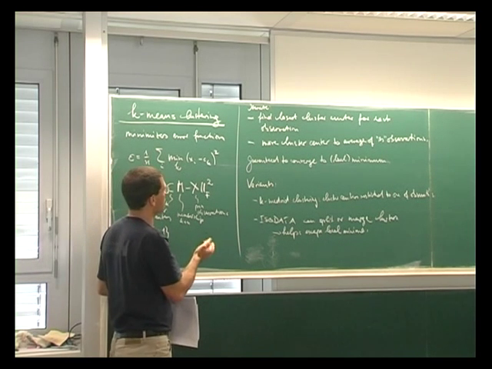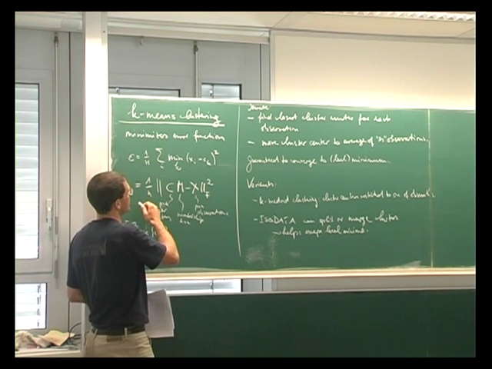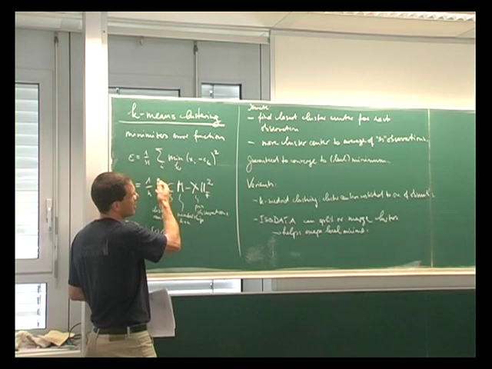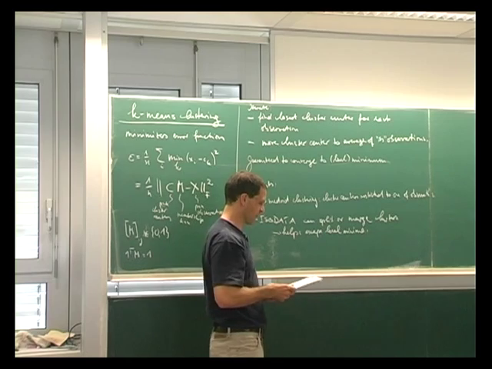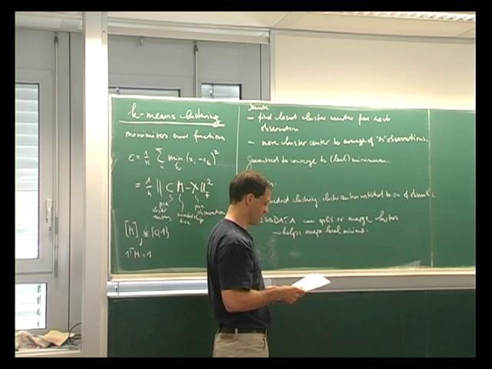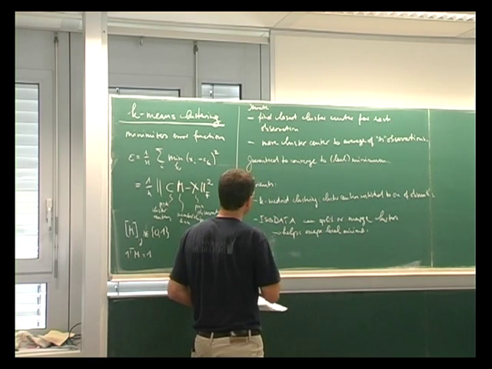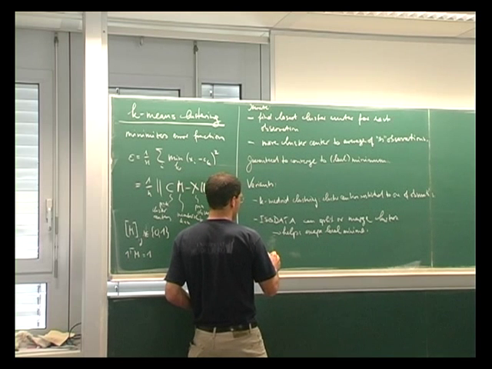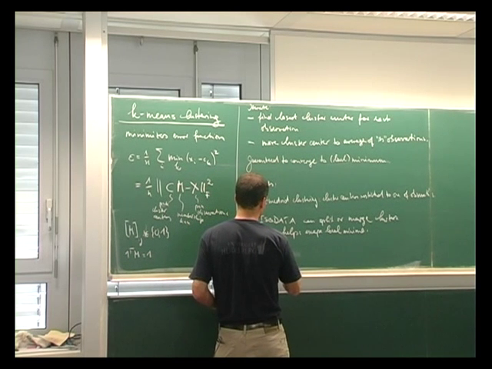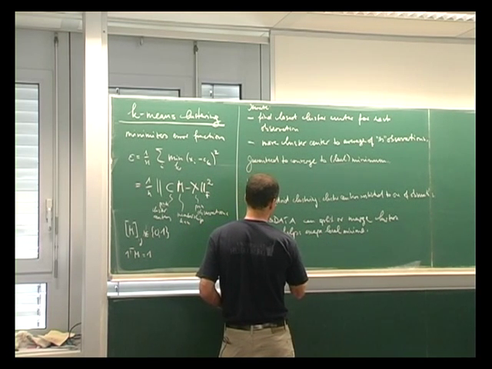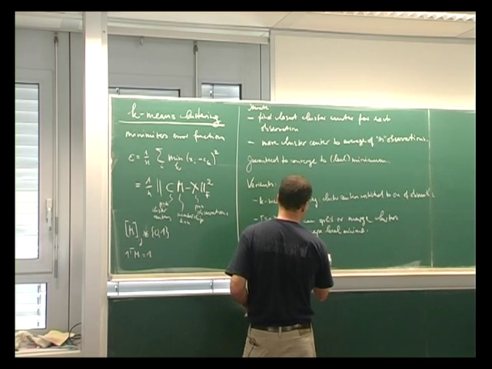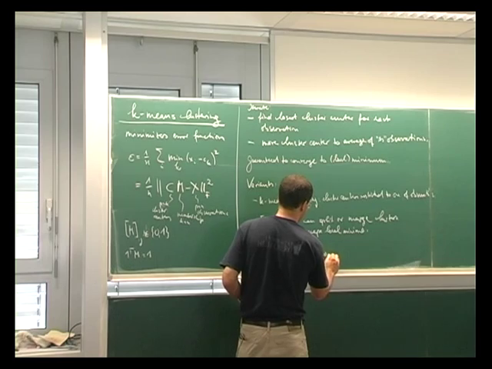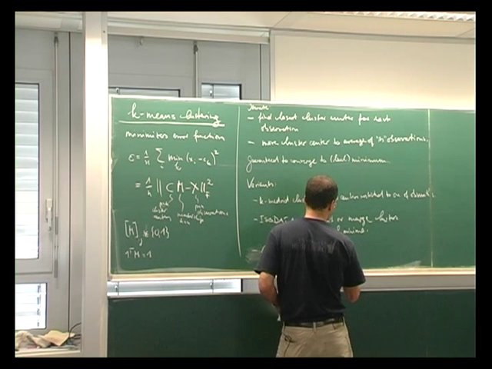Or vice versa, if you have a cluster center that contributes little to the error, then you can try and eliminate this cluster center and see if you still get reasonable results. Then there is the leader-follower algorithm, which is an online version.